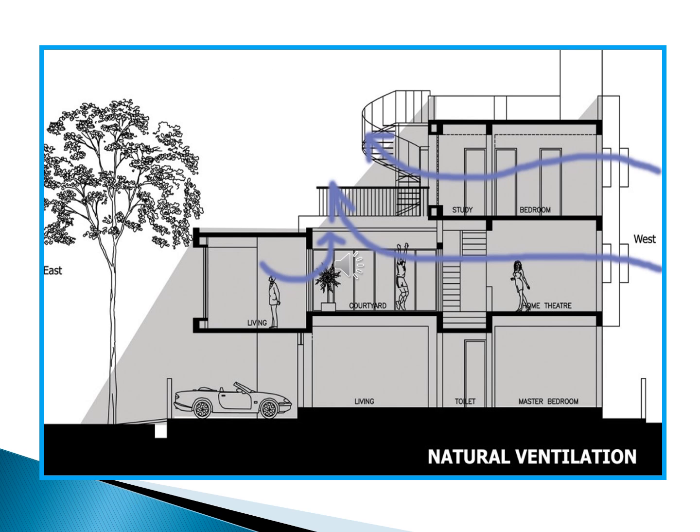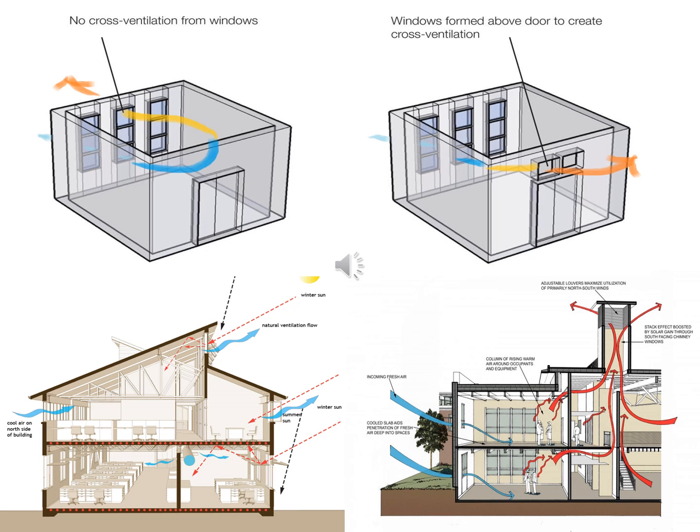As shown, natural ventilation is the flow of external air to an indoor space as a result of pressure or temperature differences. The top left picture shows no cross ventilation from windows, while the top right picture shows windows above the door to create cross ventilation.